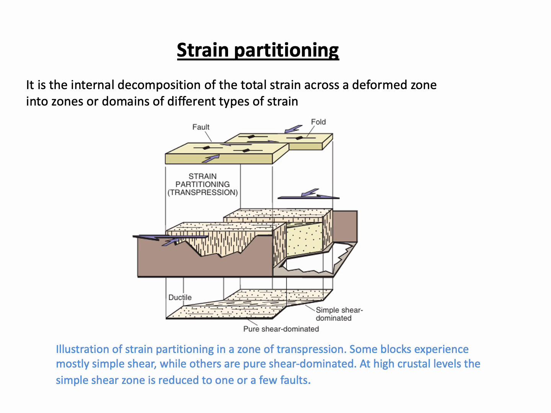In transpressional settings, strike-slip motion may occur along the major fault while thrusting happens nearby, and in transtensional zones, strike-slip faults may be associated with normal faults or pull-apart basins.